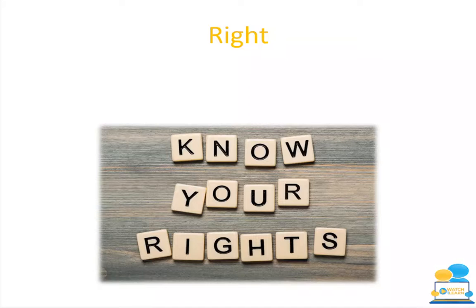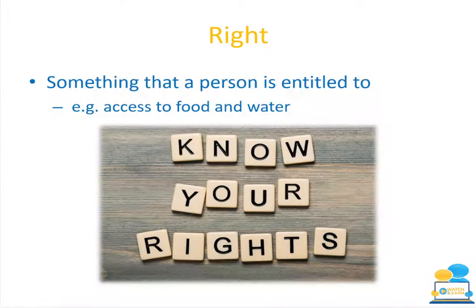So a right. A right is something that you are entitled to. So the United Nations Convention on the Rights of the Child is something you will learn about in CSPE. You'll also learn about the one for adults as well. So it is something you are entitled to, okay? You should be getting it.